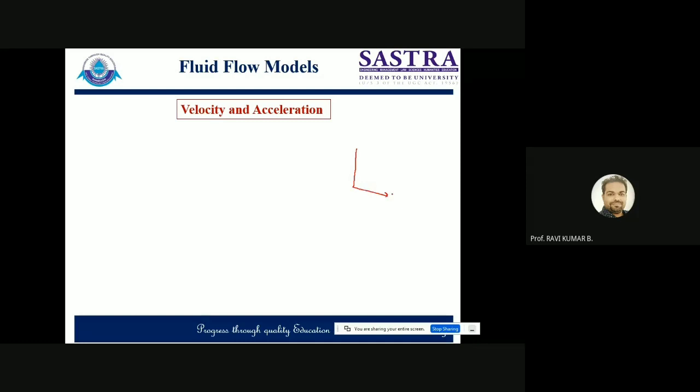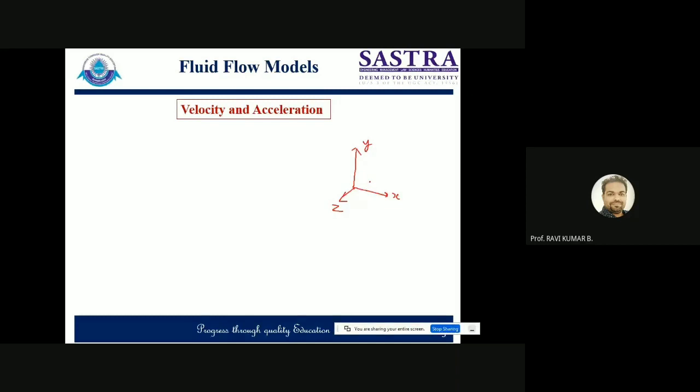So, for example, this is X, this is Y, and this is Z. A three-dimensional flow field I have considered.